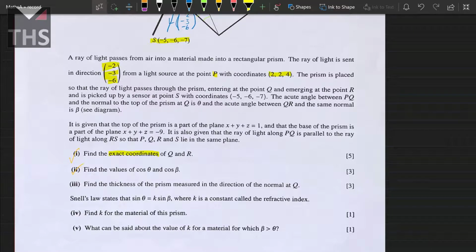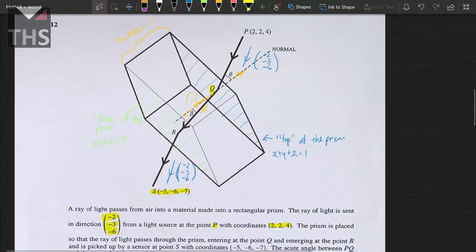Because when you learn in school, in your JCs and MI, they'll tell you length of projection of vector A onto vector B. But this question doesn't say that. They tell you to find the thickness of the prism. So then you need to see, okay, this is something I know. This is the length of projection of QR onto the normal vector 1, 1, 1.